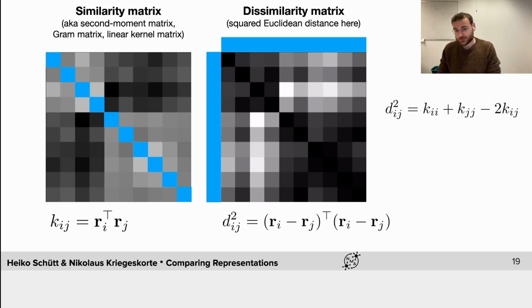And this distance to zero is immediately the diagonal of the kernel matrix, which you can see by just plugging in 0 here for Rj, and then see that this is the inner product of Ri with itself. So the distance to 0 is this diagonal. And once you do that, the distance matrix is completely equivalent to the similarity matrix, as it is related to it by an invertible linear transform, making them about as similar as they could ever be.